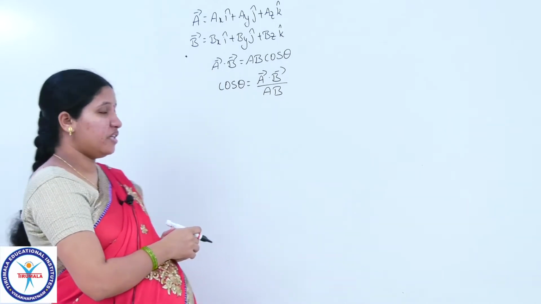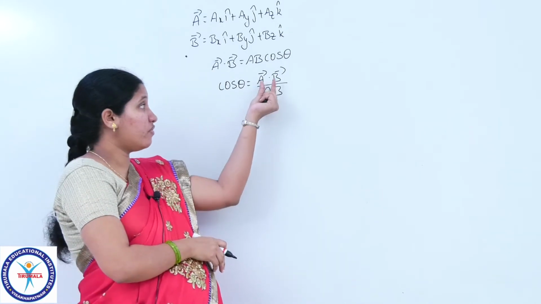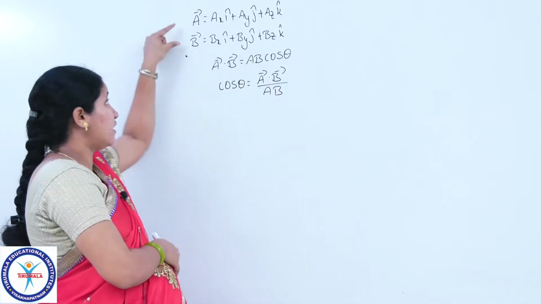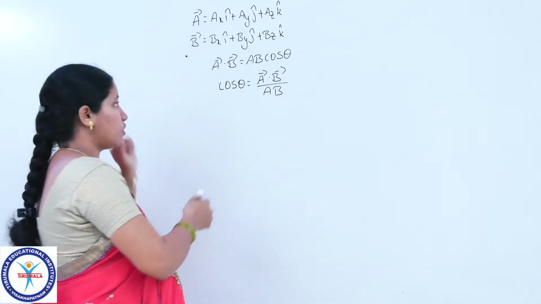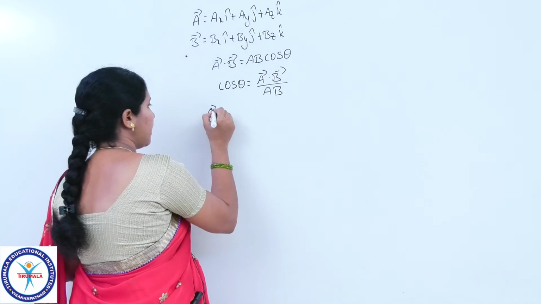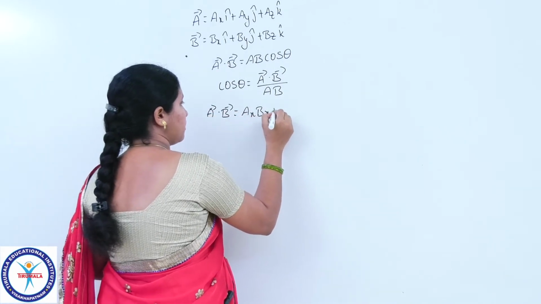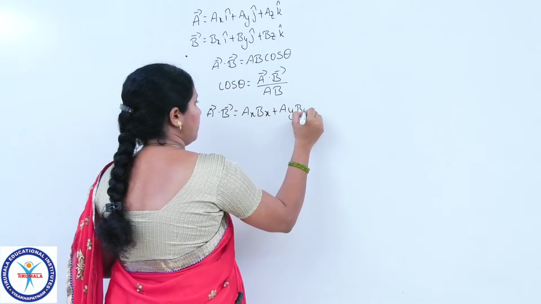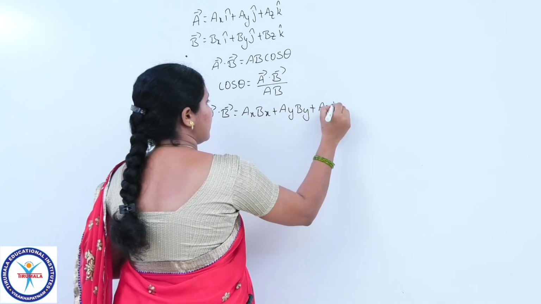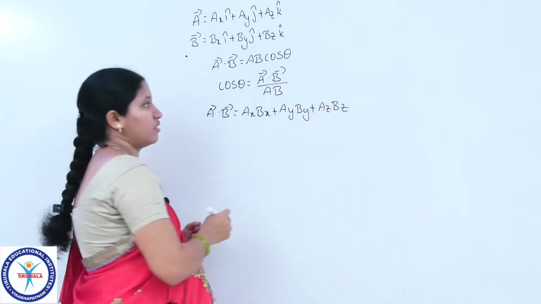Previously we have discussed what will be the dot product if we are given two vectors in this form. We have obtained A bar dot B bar is equal to Ax into Bx plus Ay into By plus Az into Bz.